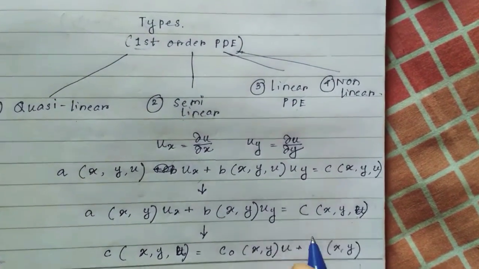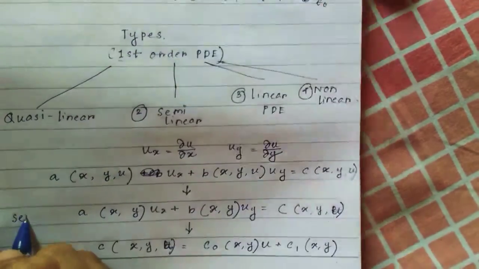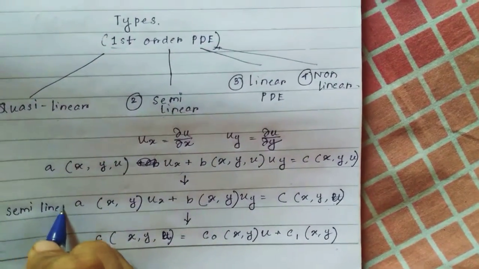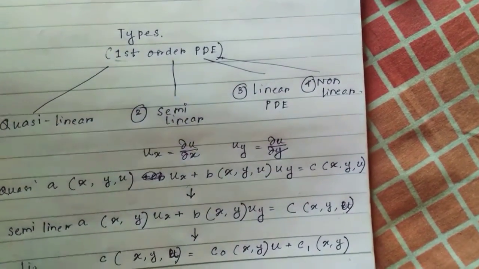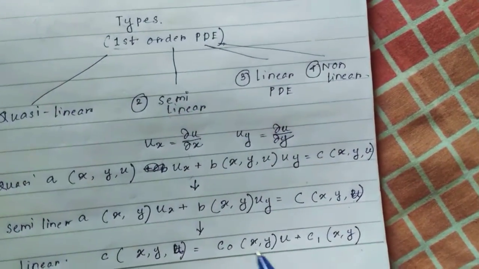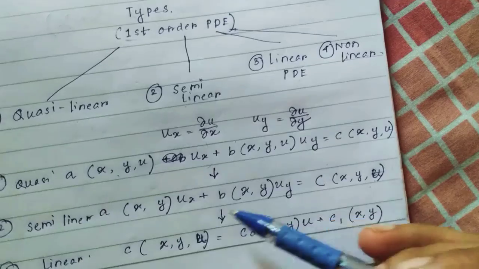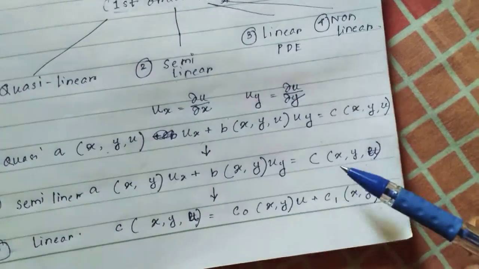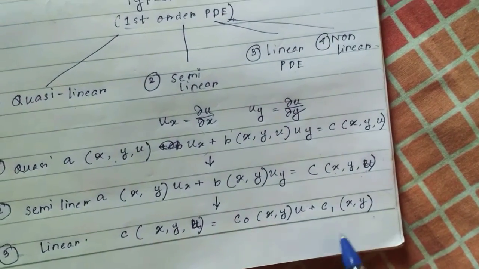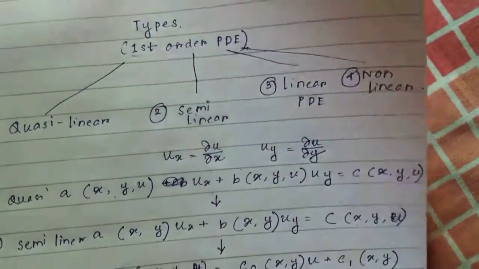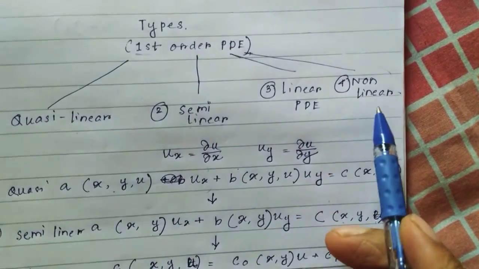Then this is semi-linear, you can see the number is 2, this is quasi, and this is linear. So quasi-linear becomes semi-linear whenever a and b become functions of x and y only. Semi-linear becomes linear whenever the c part can be written this way. And the last part I have not mentioned, this is non-linear.